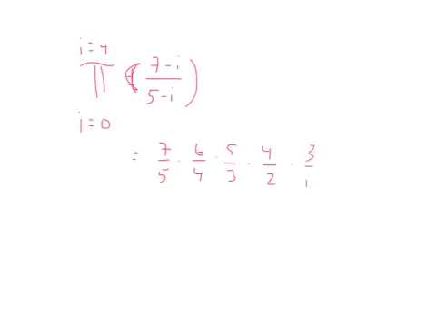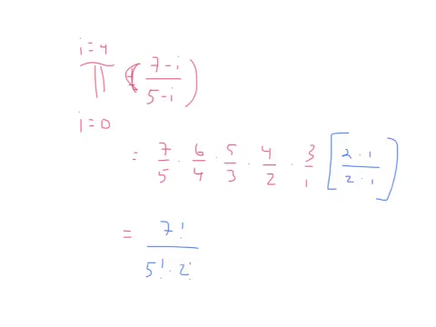And what we see is this is equivalent to 7 factorial over 5 factorial times 2 factorial.